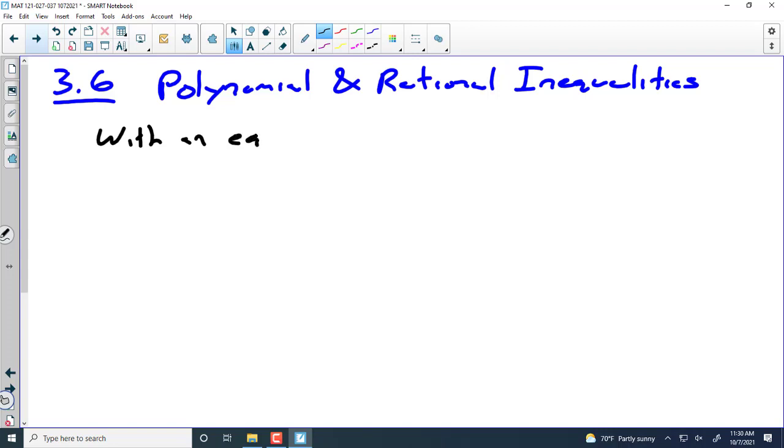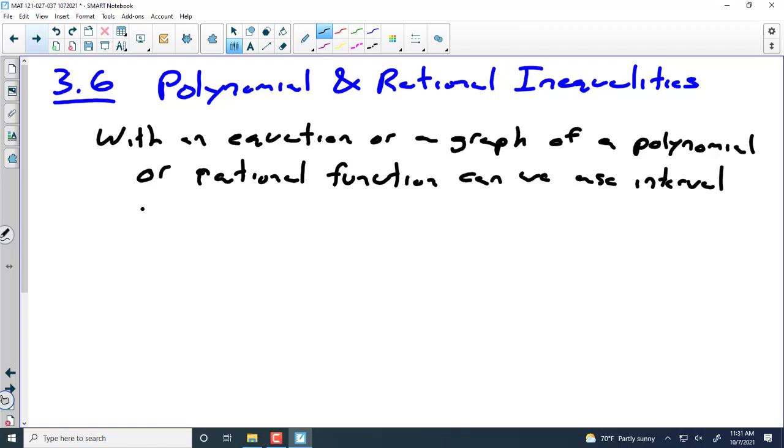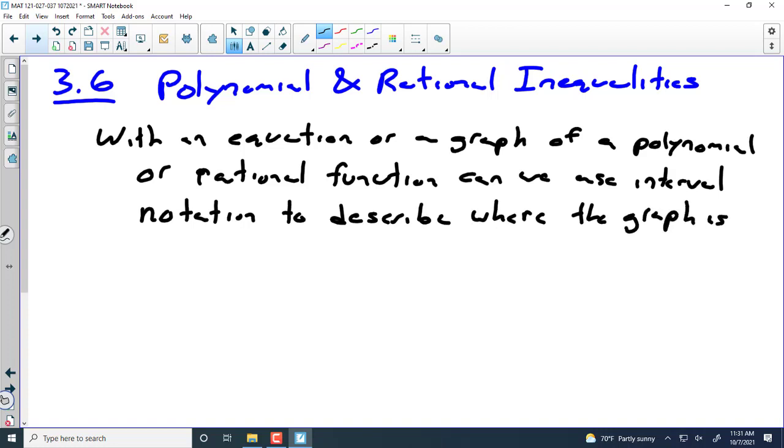With an equation or a graph of a polynomial or rational function, can we use interval notation to describe when, I'll say where, the graph is above or below the x-axis. That's really what this section is about.